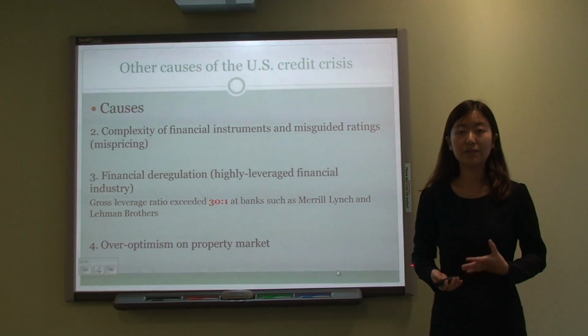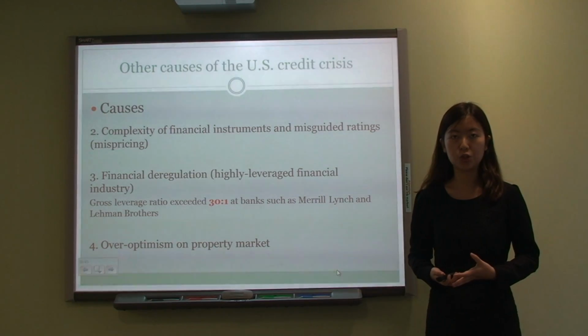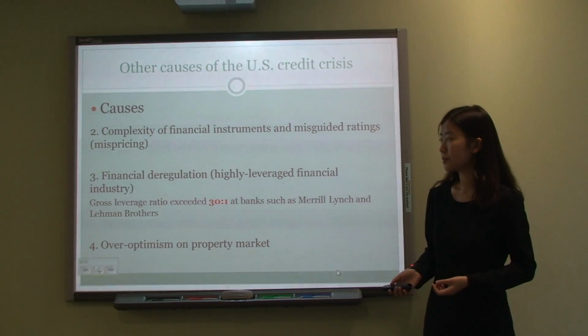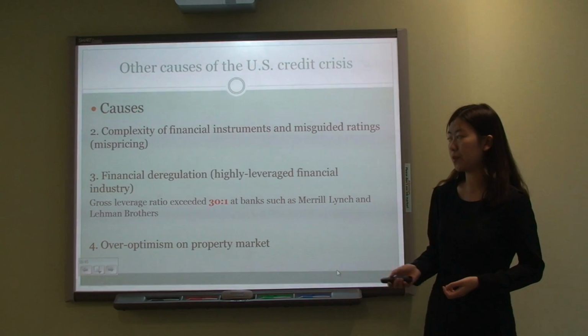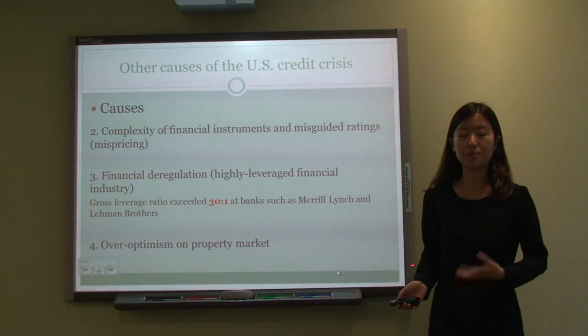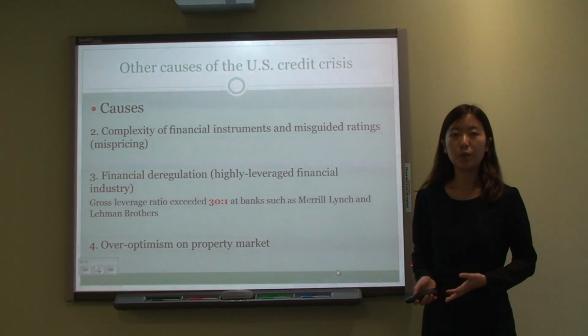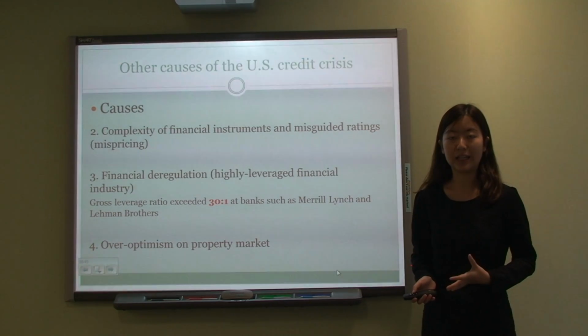As a result, the investment banks could increase their financial leverage and stimulate the issuance of mortgage-backed securities. The gross leverage ratio for some giant banks such as Merrill Lynch and Lehman Brothers even exceeded 13.1, which means the financial industry was highly leveraged.